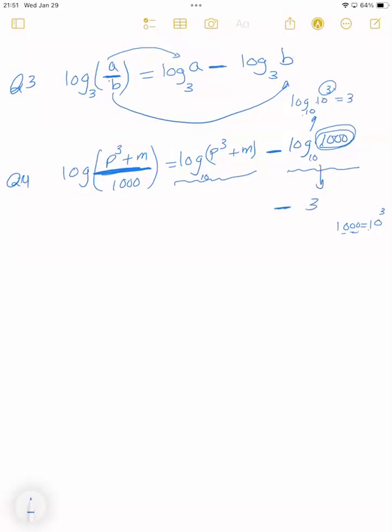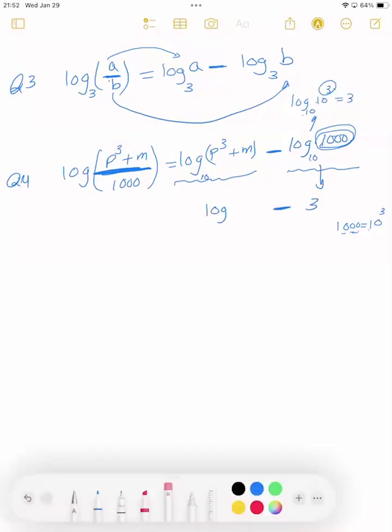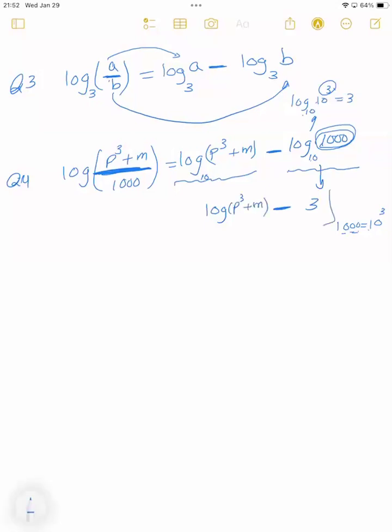There is a subtraction and we can simplify this piece. When you're working the problem on paper, you can put the base 10 or base e, but when you put your answer in ALEKS, you're not supposed to put a base 10. So that is your final answer for this problem.